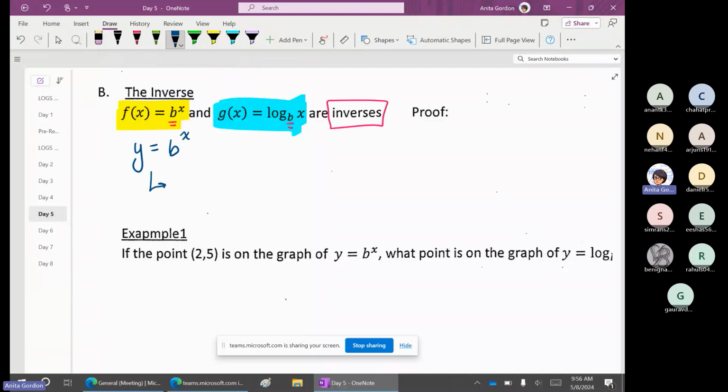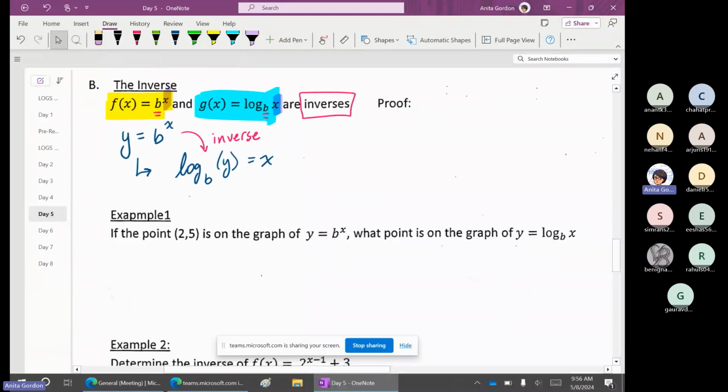If I were to rewrite this as a logarithm, then this would be log base b of y equals x. So this is an inverse. Okay, so if they have the same base, if they have the same things on the inside of the log and the exponent of the exponential, right? Again, we're matching patterns here as we have been in the last lesson. Okay, let's sort it out.